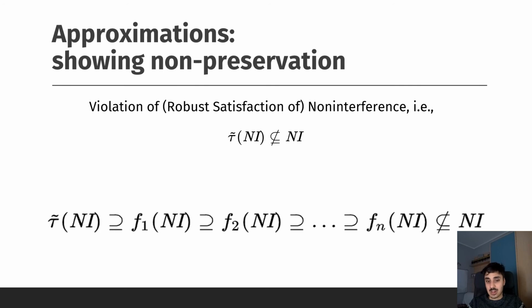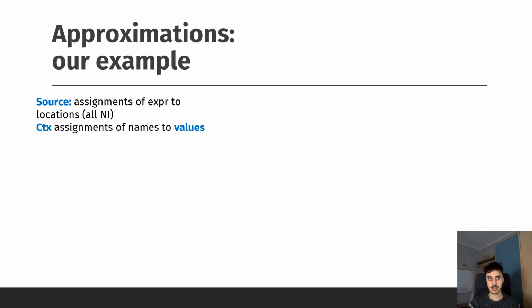Though we have not generalized the approach, in the abstract you can find a small example to illustrate this technique. In particular, the example considers a source language in which programs are lists of assignments and all weight-tagged programs are non-interferent.